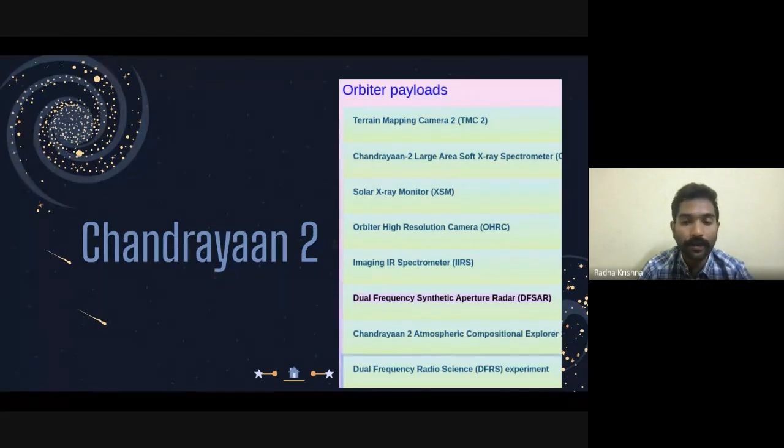The IR spectrometer is basically a spectrometer that is doing its work in the infrared range. Infrared is the range of the spectrum of light that happens to have the heat signatures, right? So even the water that was detected on Chandrayaan 1 was detected using this IR spectrometer. Water has a particular absorption band near 3 micrometer.